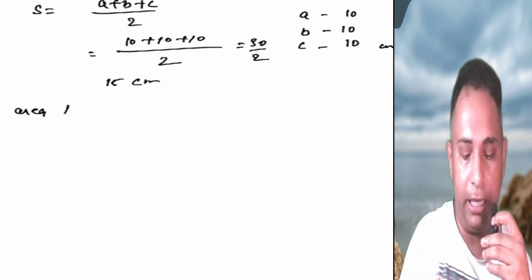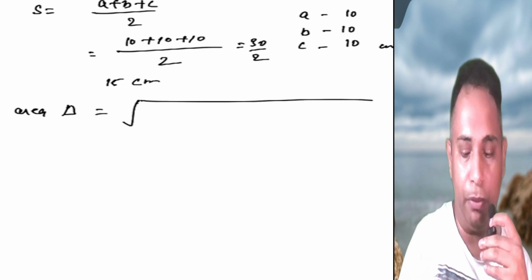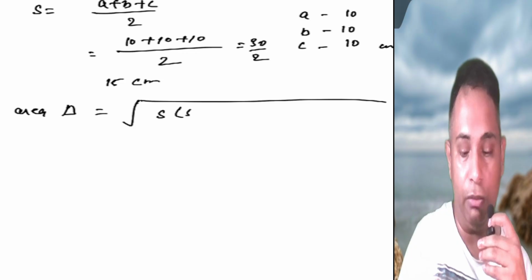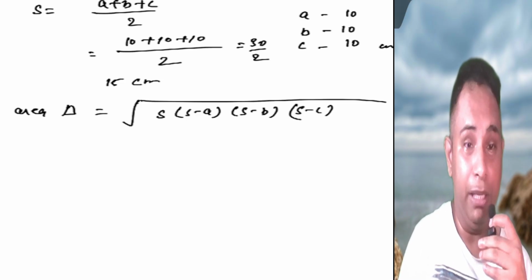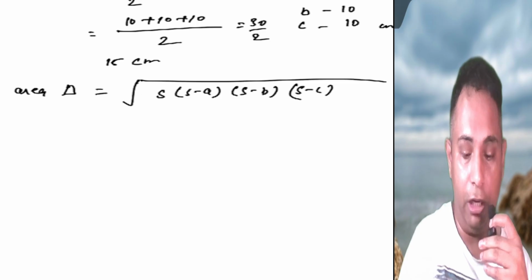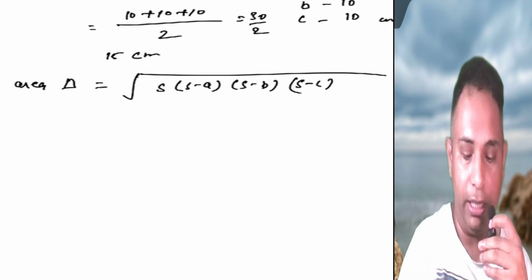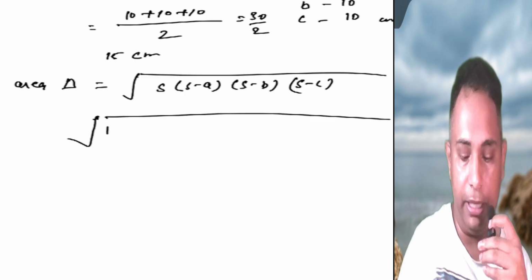For the area of a triangle whose sides are all known, we put in the formula we learned in earlier classes: root of S times S minus A times S minus B times S minus C. Is there any issue? Simple. Now we are putting the value of S. What have we found? That is 15 centimeter. Okay. We will write down the 15 centimeter as S.